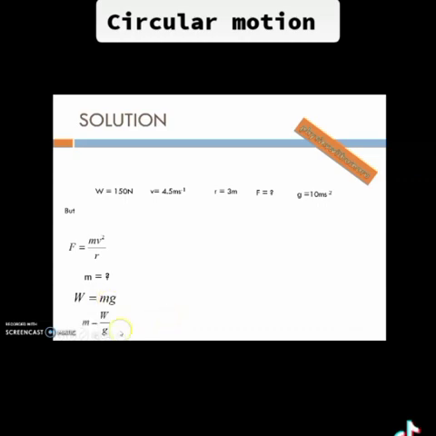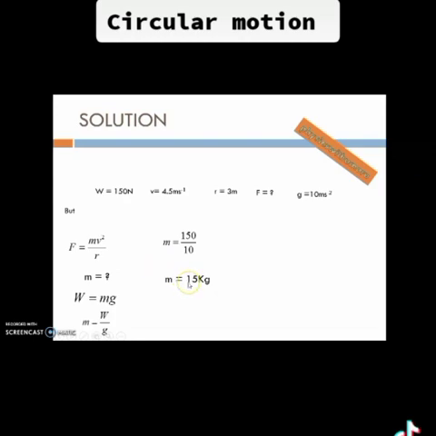So with this, if we make m the subject of the formula, we have that m = W/g, where g is the acceleration due to gravity. If we substitute, then the mass is equal to 150 over 10, which is 15 kilogram.